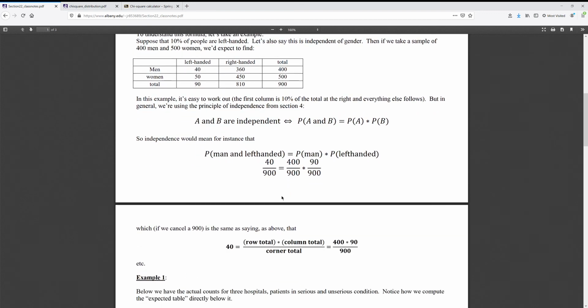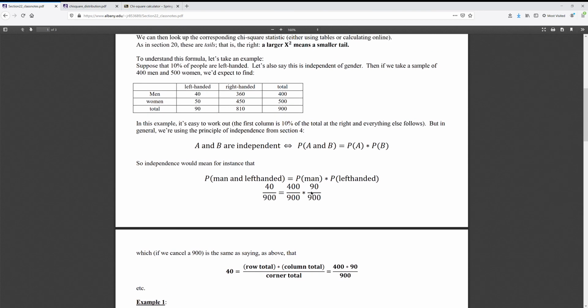Now if you cancel out one of those 900s and rearrange things a bit, this is the same as saying that 40 is that times that divided by that. And where does that take us back to? Having canceled out this 900 here, we're left with this, this, this, and this.